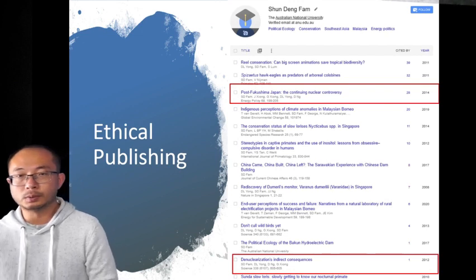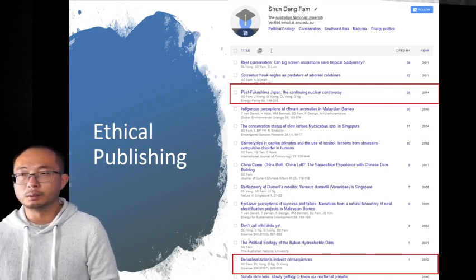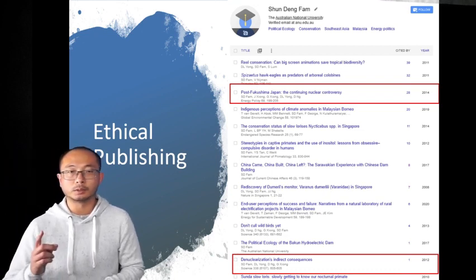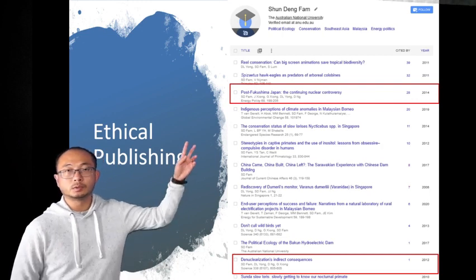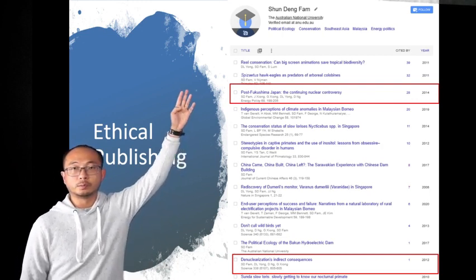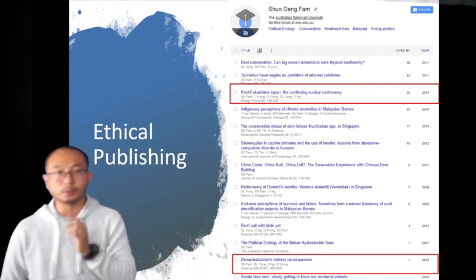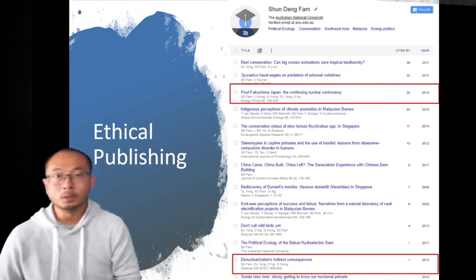So, for example, this is my own publication list. I highlight the two up here: post Fukushima Japan and denuclearization. These two articles were written almost at the exact same time.